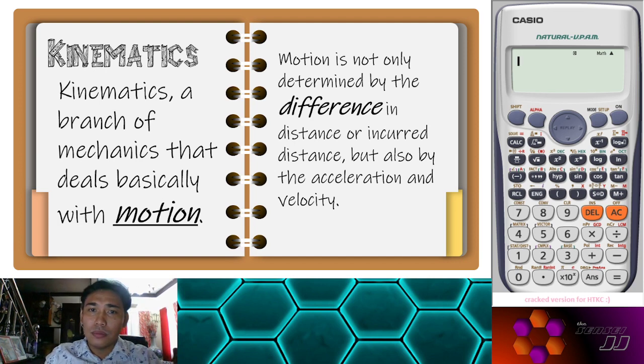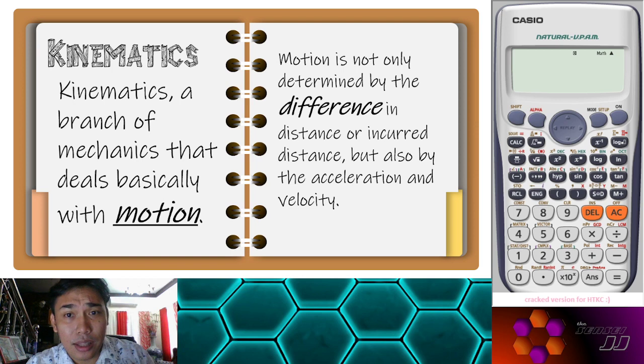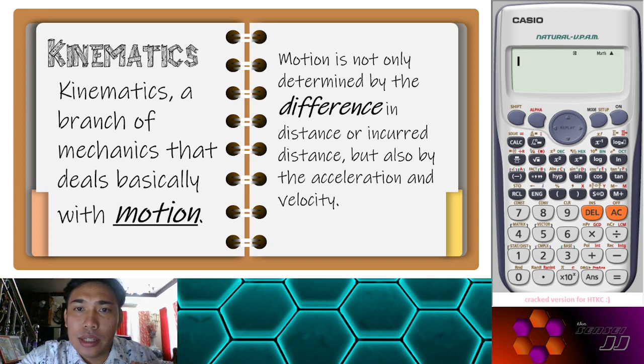Motion is not only determined by the distance incurred, but also by the velocity and acceleration. So an object performs motion if it incurs distance.